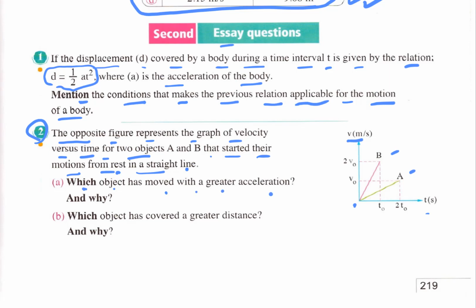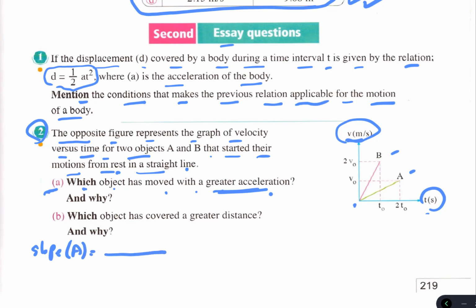To get the acceleration, we need to get the slope between velocity and time. So let's solve the first one here. The one that has large slope has greater acceleration.